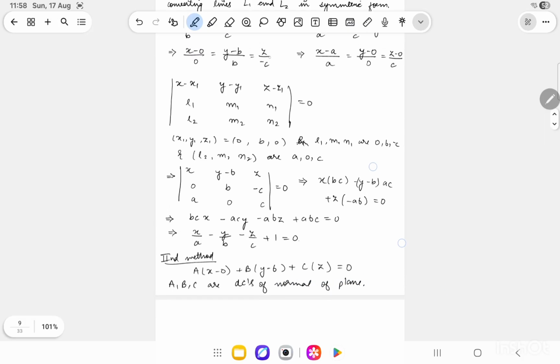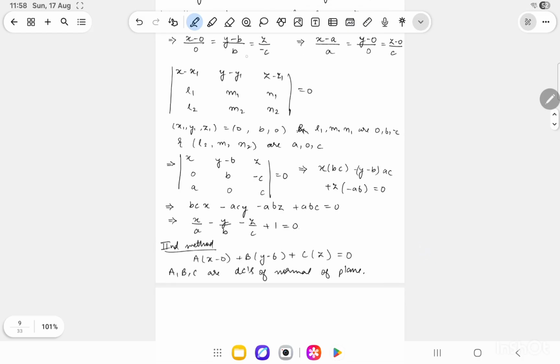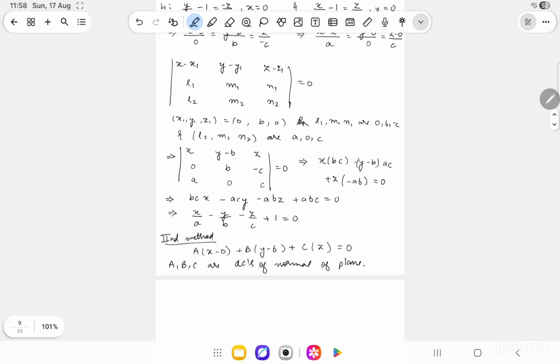Now since my line L1 is contained in this plane, L1 is perpendicular to the normal of this plane which we have assumed. So using that relation I will get 0 into A plus small b into capital B minus small c into capital C equals 0.